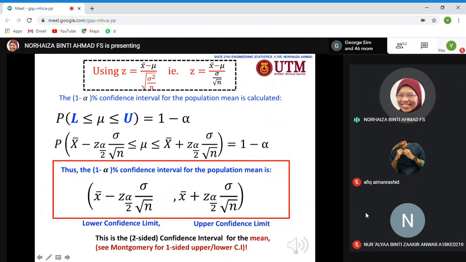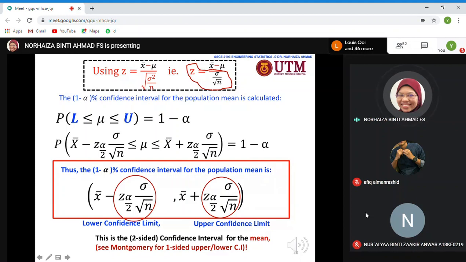So marginal error, you obtained that from, this is to simplify your calculation, this is just Z times sigma over root n, which is your marginal error. And this is your lower confidence limit, the whole thing is your lower confidence limit, and this is your upper confidence limit, this is your marginal error. So notice that this is a two-sided confidence interval because you're looking at the left-hand side of X bar and the right-hand side of X bar. So this is your two-sided confidence interval.